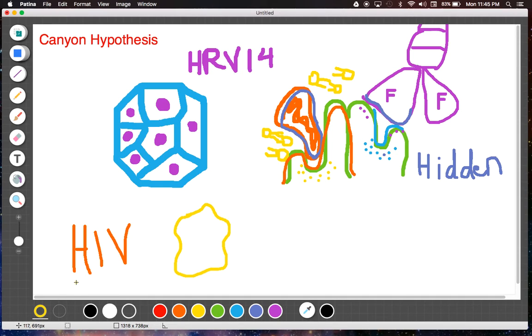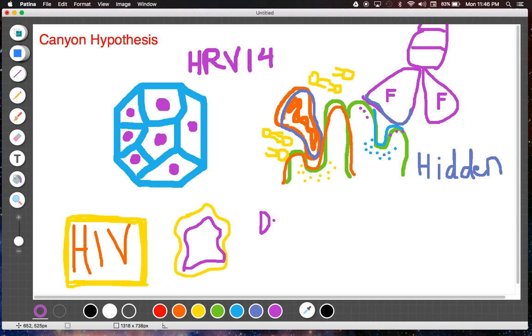So, as this is becoming an even more reasonable explanation for viral immunity to antibodies, it's very important to keep studying the canyon hypothesis, as it can be used in the development of different drugs.